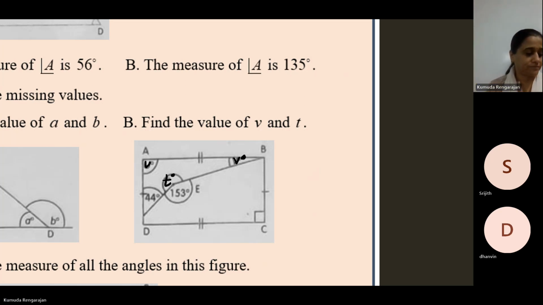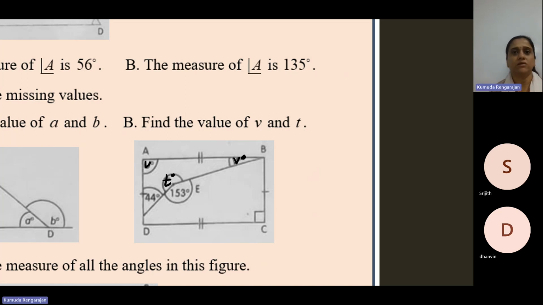Okay. Now observe the figure and using the markings, give a special name to this quadrilateral. It's a rectangle.